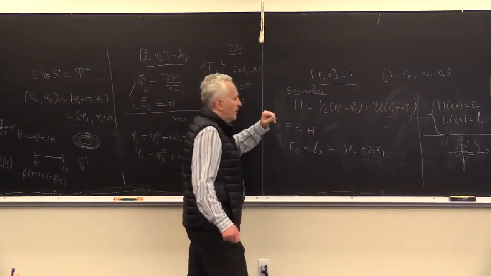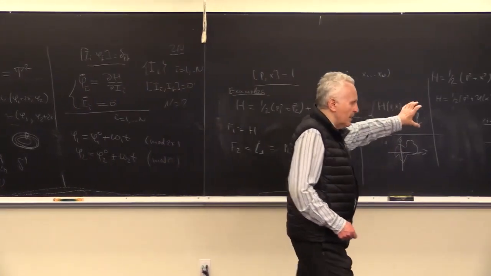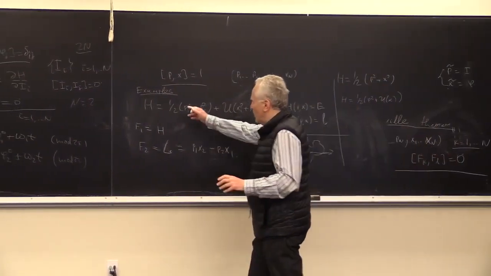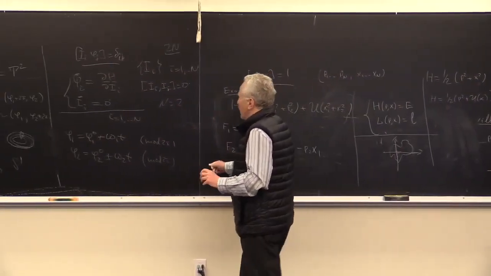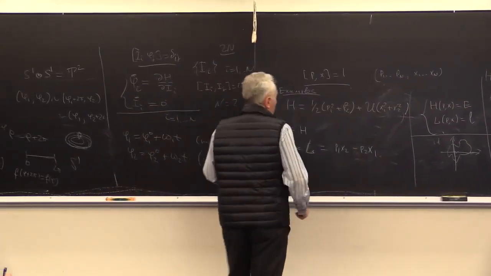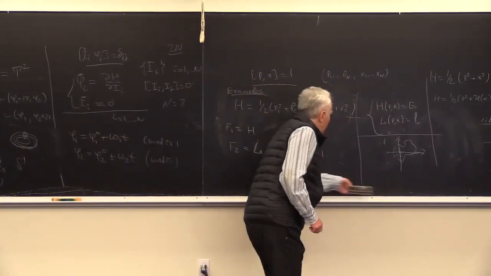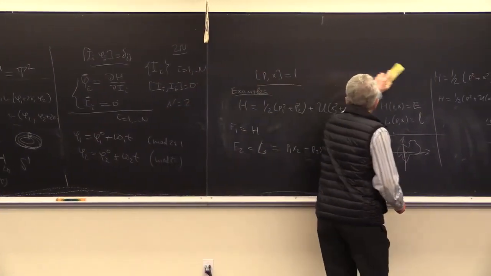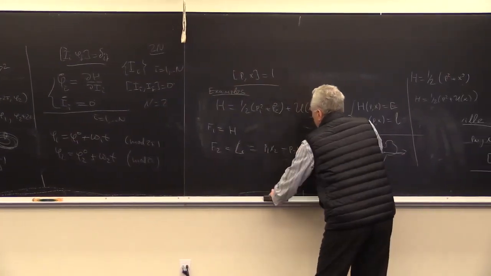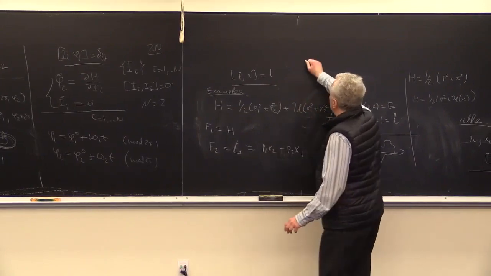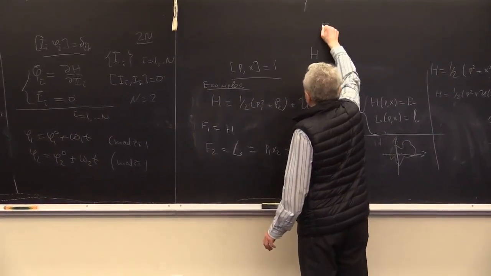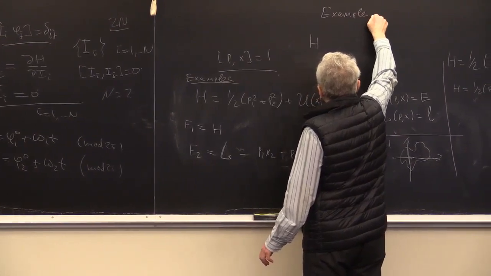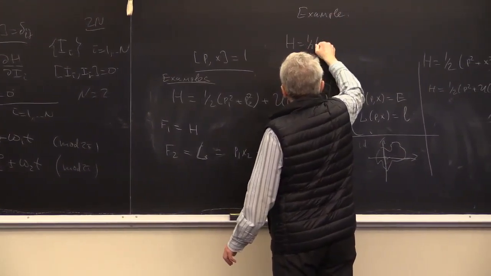Now, one more example. We will study this motion on the torus just a little later, but before that, I give another example. Let's now take a six-dimensional phase space.